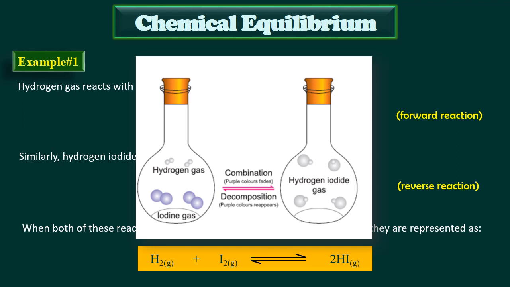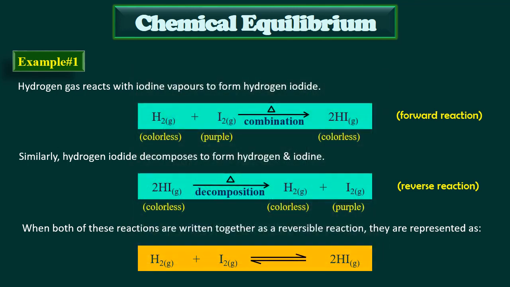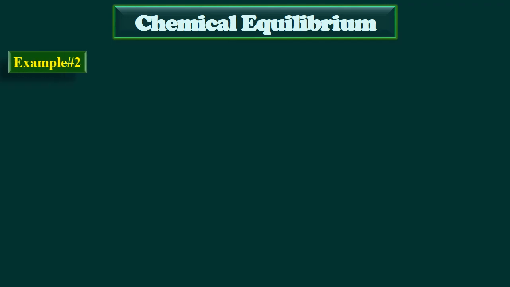You see, a combination reaction is that reaction in which two or more reactants combine to form single product, whereas a decomposition reaction is opposite of combination, during which a single reactant breaks up into two or more products. Consider another example.